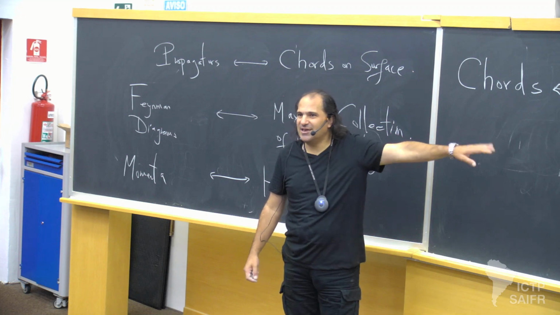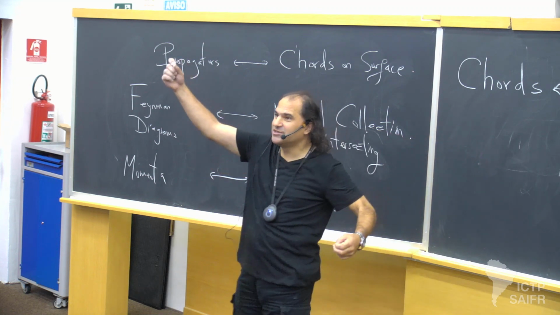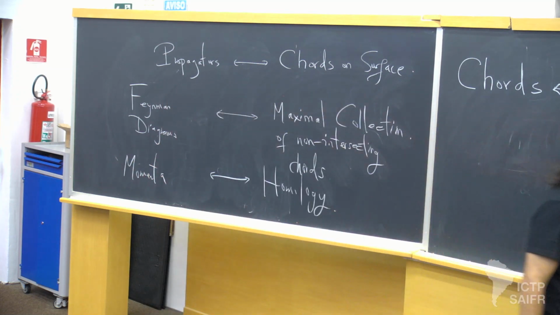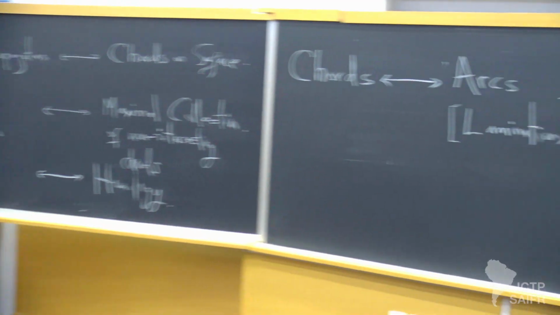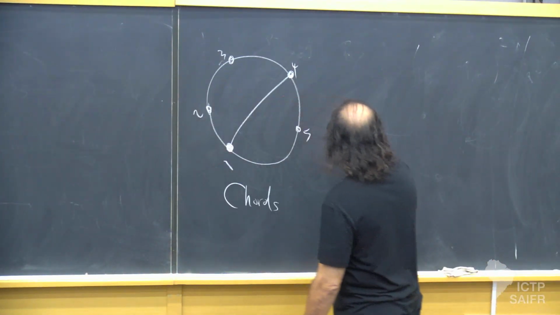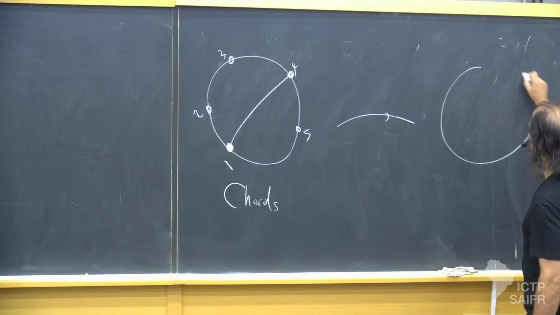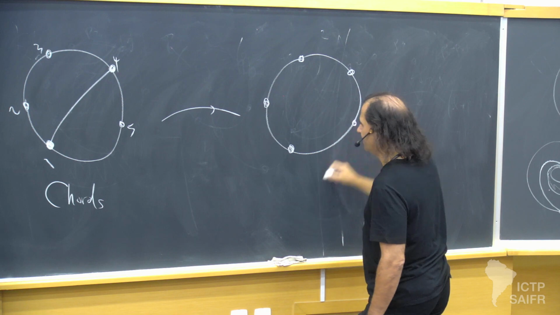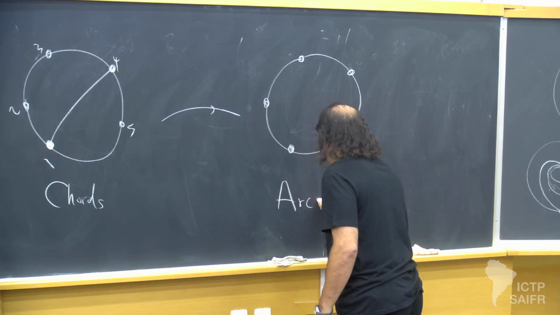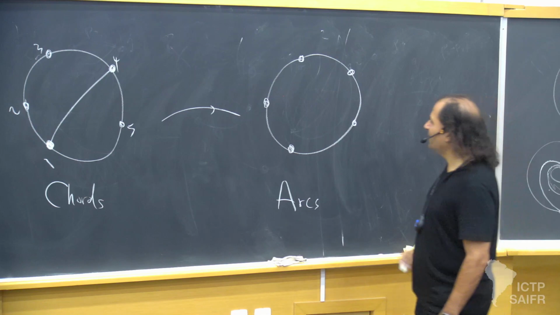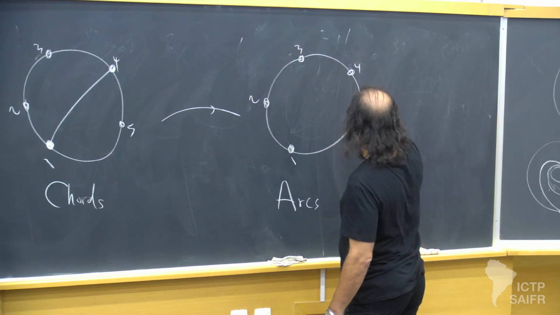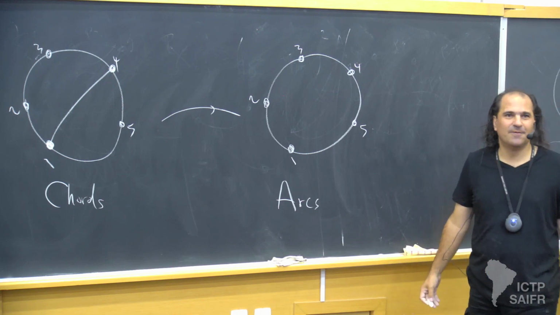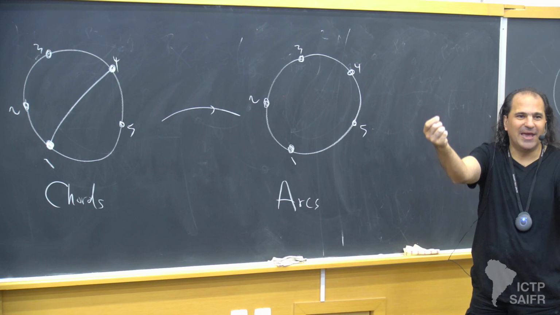Okay, so these are chords, perfectly fine. The chords are defined as things that, if they have endpoints, they end on marked points or punctures. But we're instead going to talk about laminations, or arcs. And that's the following idea. For the same curve, I'm going to take exactly the same curve, and I'm going to make it defined on the surface by just pushing the endpoints a little bit.